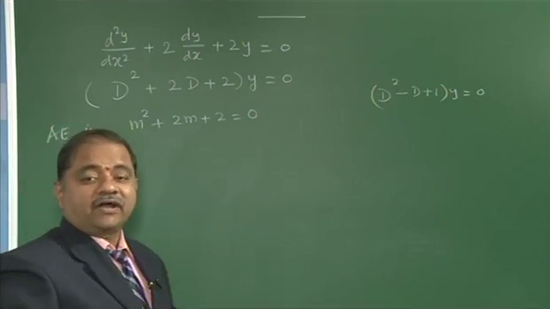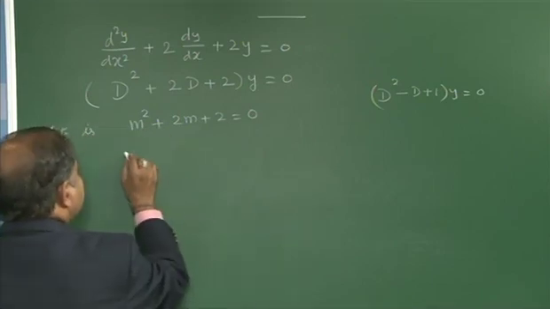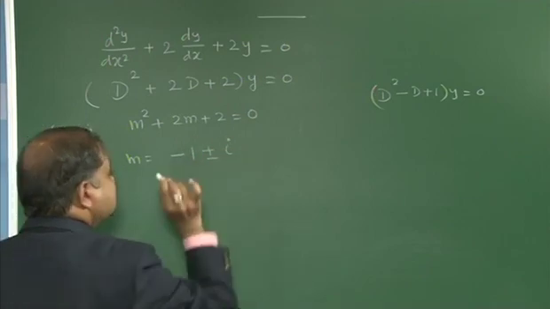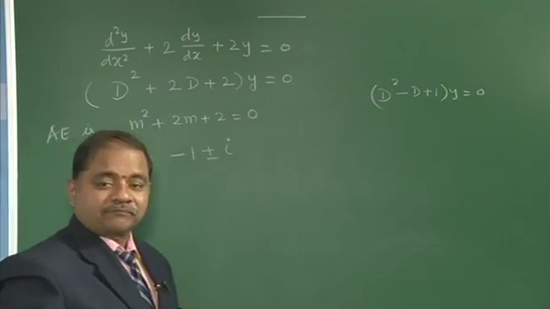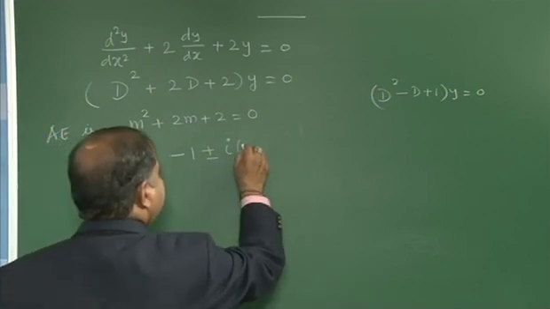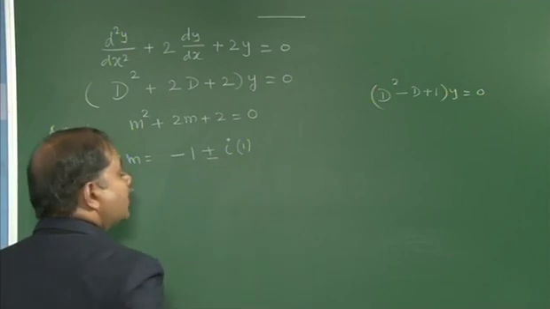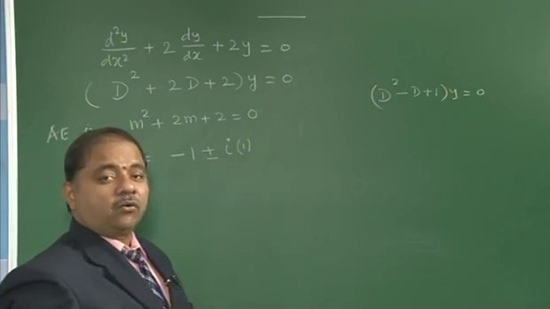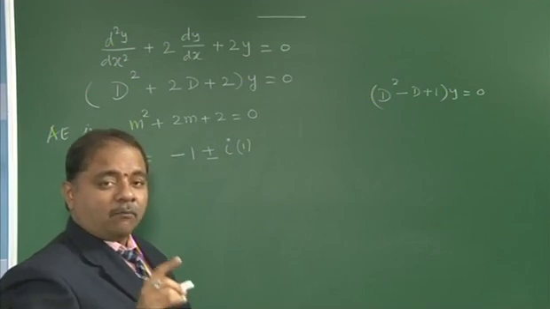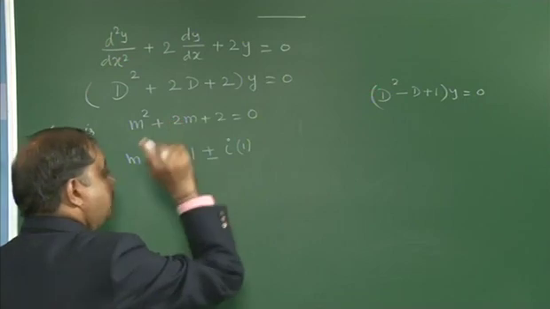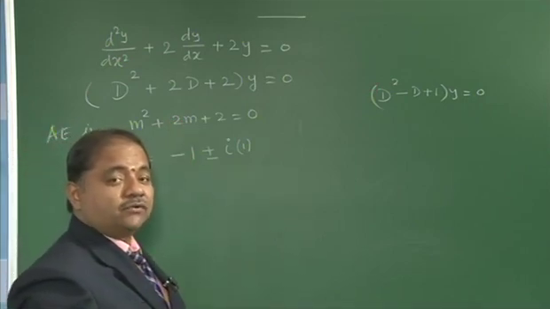Again I can find the roots. So m is equal to minus 1 plus or minus i, this much you will get. More specifically, I write i into 1, because in the exam many students make a mistake writing the i. We should take only the imaginary part, m1 plus or minus i m2. So with i into 1, it is very clear that the m2 value is 1.